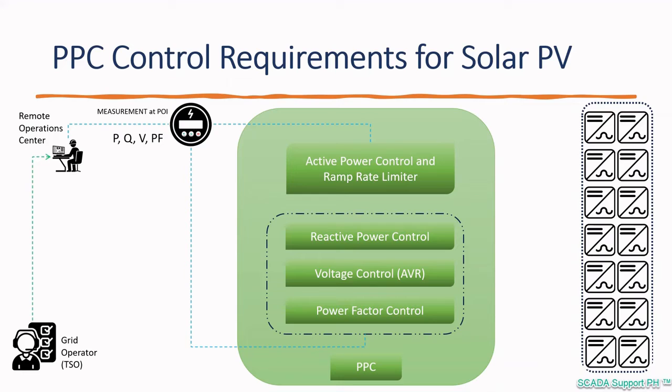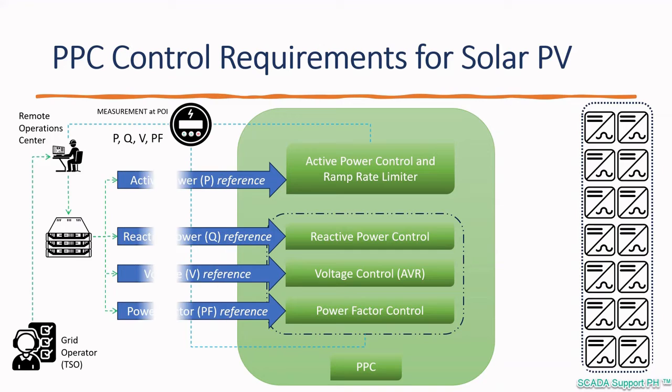Grid management services signals usually come from the grid operator, which sends those up-to-date references to the control room operator. The power plant controller can receive set points in digital and analog form and via Modbus protocol.